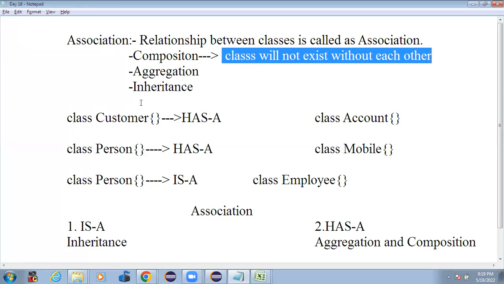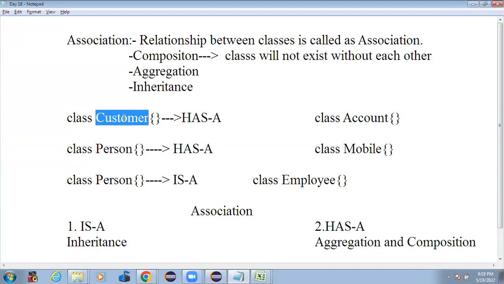So if I consider the bank case study, the customer is from the bank, and this is the bank account. Can a customer exist without an account in the bank? No. Or can an account exist without a customer?